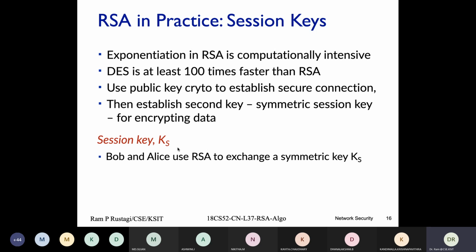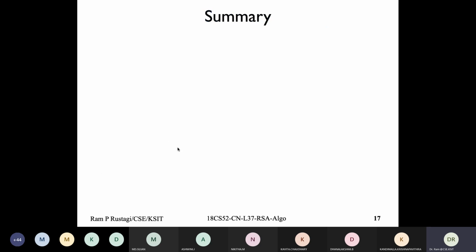So to summarize, we looked at the public key mechanism, the two keys, and these keys are derived using the RSA algorithm with a mathematical proof. The use of the RSA algorithm is to identify a session key, and then we use a symmetric key. Why use a symmetric key for the actual data exchange? Because data is huge, and encrypting with a symmetric key is much faster than with an asymmetric key.